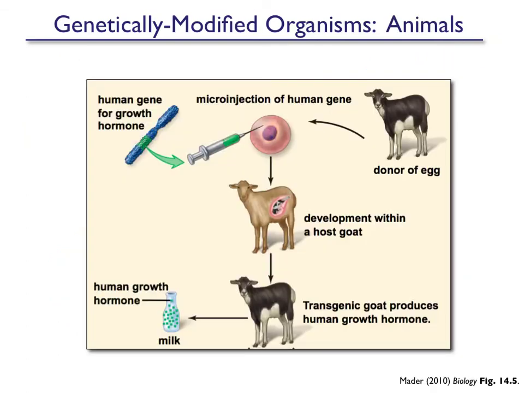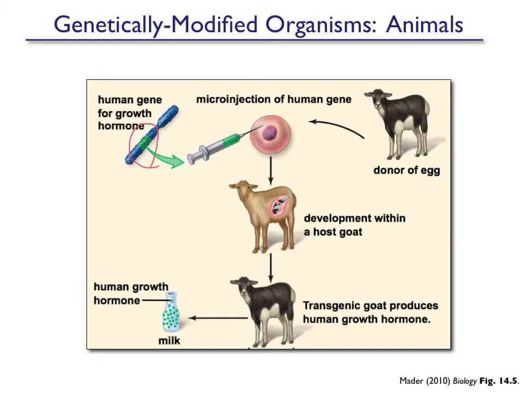In animals, one of the examples of transgenic animals is that we have a gene for human growth hormone. And human growth hormone would stimulate growth in organisms, but it also, in some organisms, would stimulate the production of milk. And so what you do is you take this gene and you introduce it into an egg of, in this case, we're looking at goats.